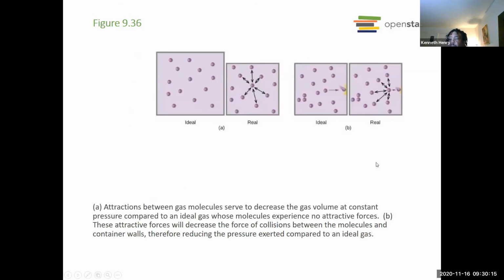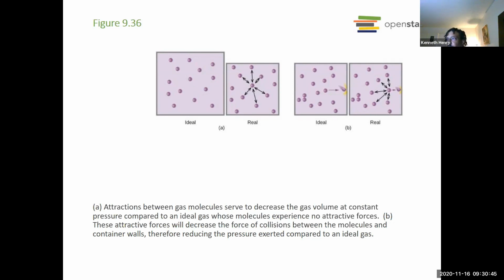Okay, and this basically just shows you what is ideal. Ideal, these guys are just acting independently and they're not interacting with each other. It's all perfect and happy-go-lucky. This is what really happens. You're having interactions between molecules. And because of those interactions, they're going to stick together, and you're not going to get that nice bouncing off of things. You're just going to get things like clogging, in that sense.